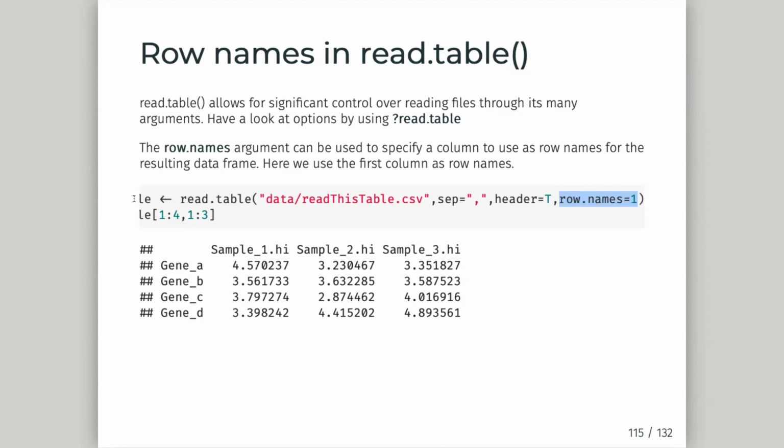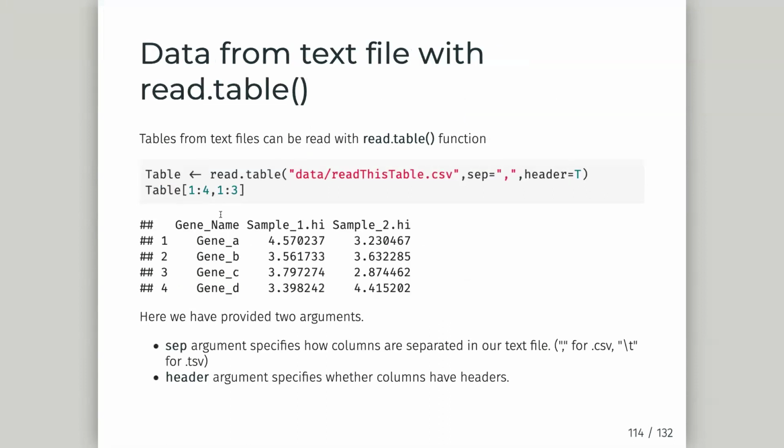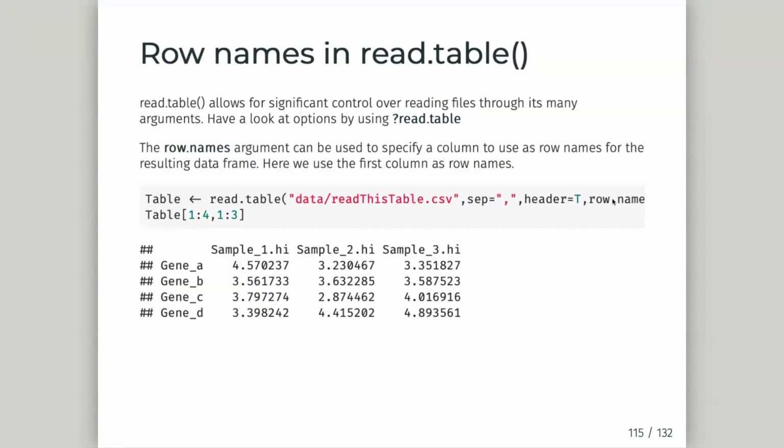So here, from our previous slide, I should probably treat this as row names. So I'm going to say row.names equals 1. Everything else keep the same. And I get my data frame back, but now I've got row names, rather than a column containing the row names.